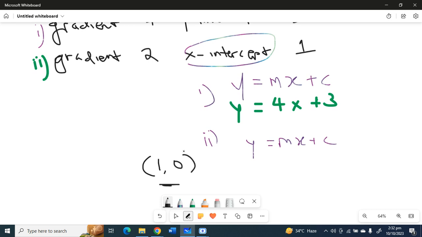So we're going to put these two values into our equation. So y, you replace it with 0. Our gradient has already been given to us. It is 2. Our x-intercept is 1, so we replace x with 1, plus c.